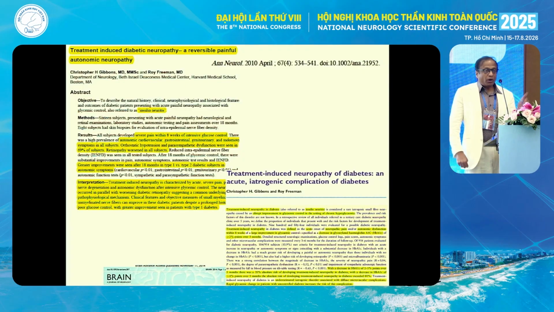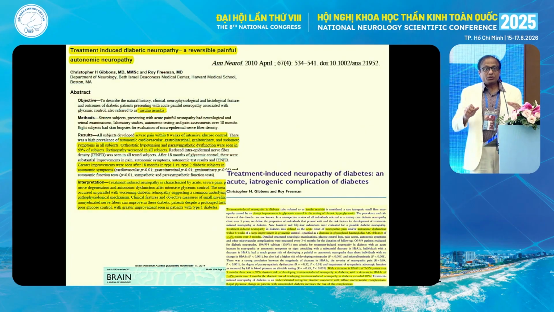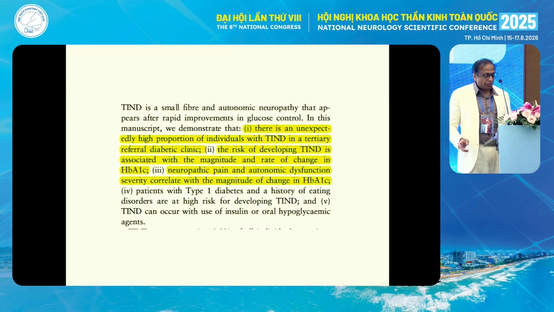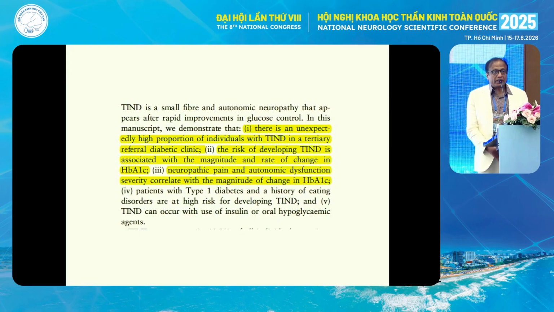So when we quickly brought him to the eye doctors, we checked his macula, and his macula was also swollen. So this patient had all the features of treatment-induced neuropathy of diabetes. That's beautifully summarized in this paper, so I'm going to read to you. There is an unexpected high proportion of individuals with TIND in tertiary diabetic centers because of their emphasis on very tight blood sugar control. The risk of developing TIND is associated with the magnitude and the rate of change.